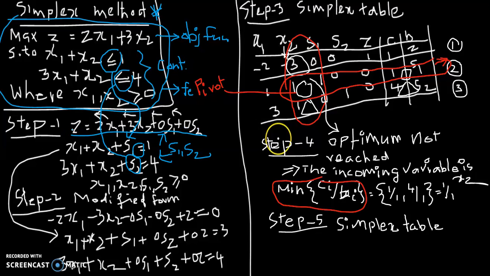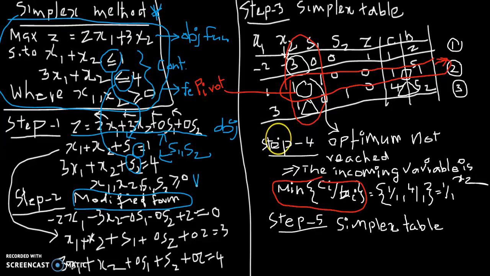So the new objective function is z equals 2x1 plus 3x2 plus 0 s1 plus 0 s2. This is called the standard form. Next is what we call the modified form. What is a modified form?